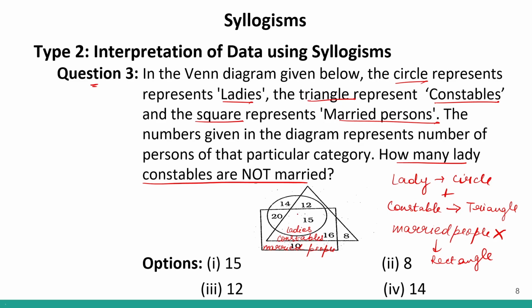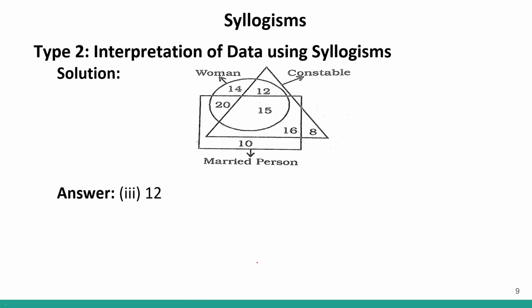So over here I can see this area is an overlapping of circle. It is an overlapping of triangle but it is not an overlapping of rectangle. So this will be the area. Here we have 12. 12 will be the ladies who are constables, but at the same time they are not married. So my answer will be option number 3, 12. Clear?